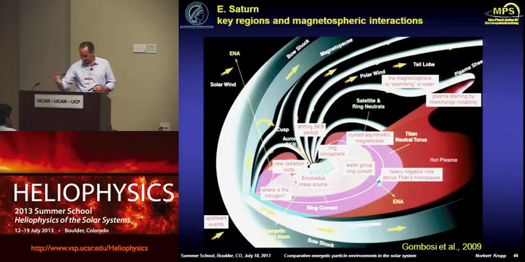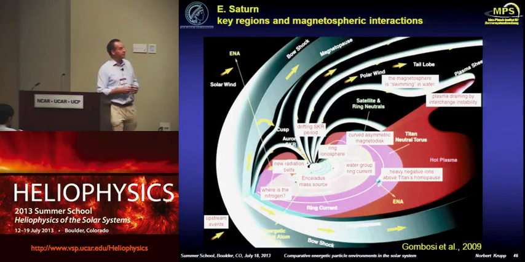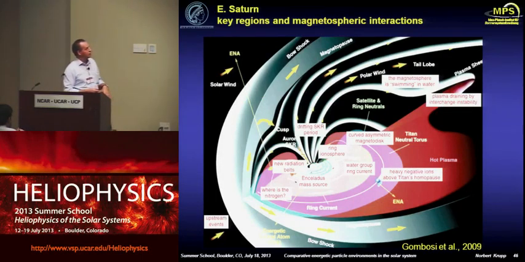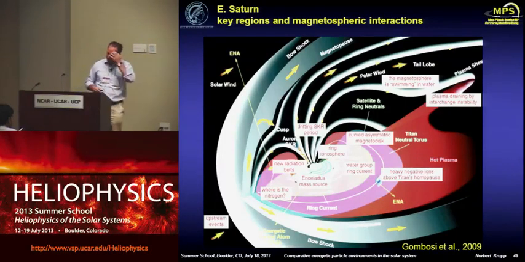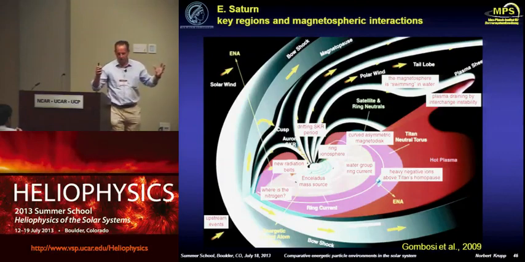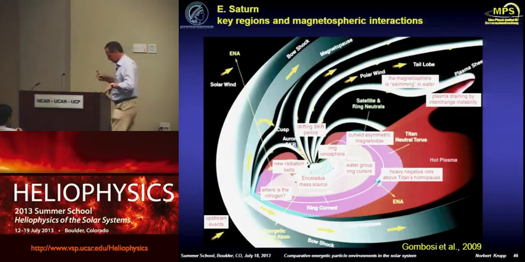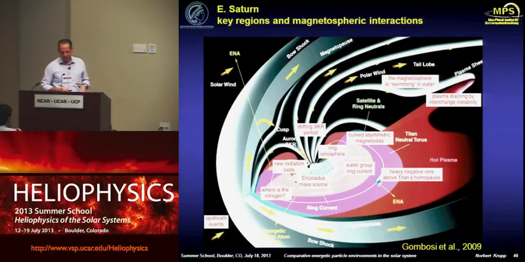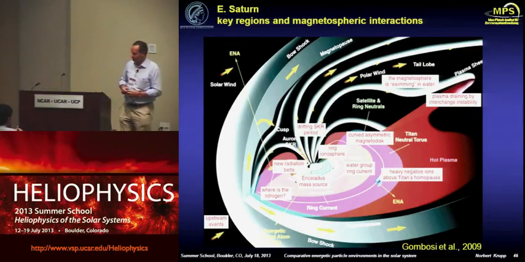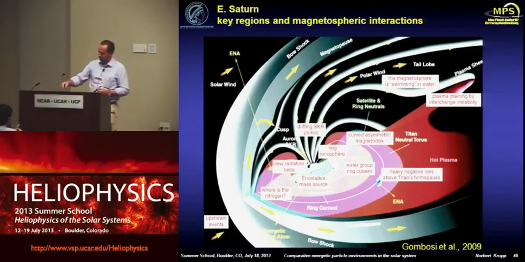The same is true, of course, for Saturn, and this is the current picture we have for Saturn, where also the major source is a moon, Enceladus, providing essentially only water molecules for the magnetosphere, and they are also co-rotating around the planet, creating very interesting effects in the magnetosphere.